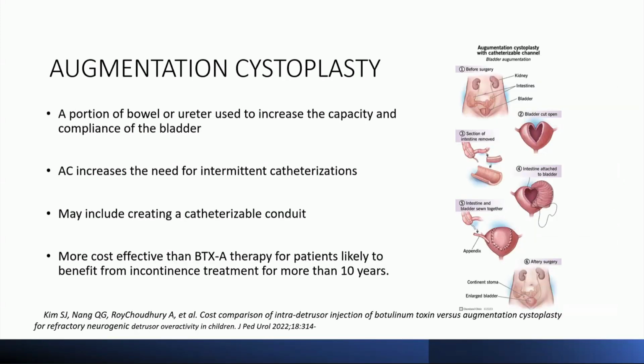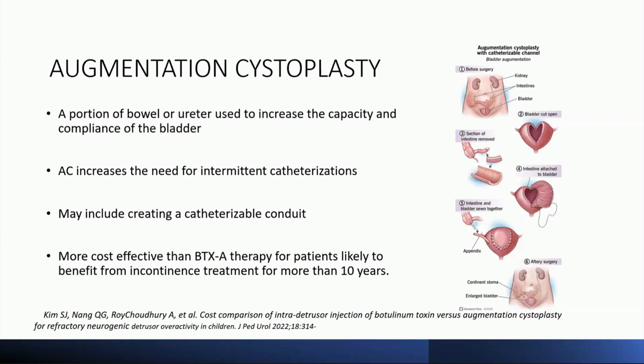Bladder augmentation is considered a last resort and is offered in cases where anticholinergic drugs and Botox injections have failed to maintain a low pressure reservoir with a good capacity and bladder compliance. Or this can also be offered for continence as the patients increase in age.